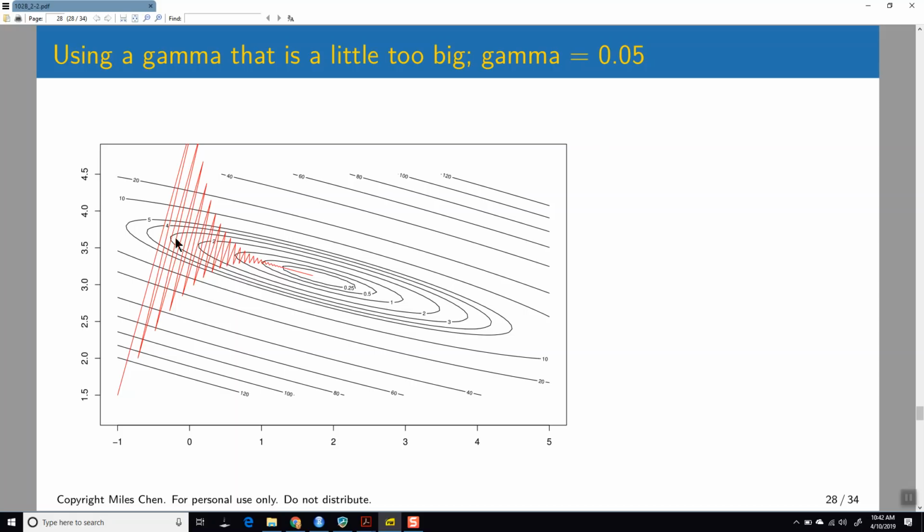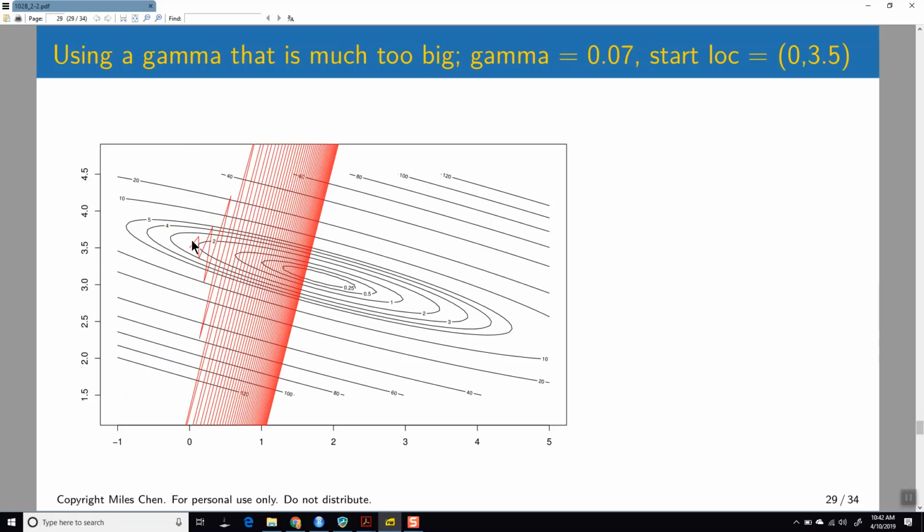So for that one, I start over here where the slope is small, but you can see I take a step in the wrong direction, and I end up too far, and with each step it gets larger and larger and larger, and you can see things just end up badly.